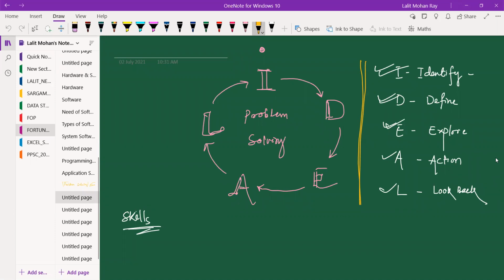All of you clear? Why do we read the question? Why do we read repeatedly? Why do we read carefully? Because we are analyzing the problem. If you read repeatedly, then you will be capable of analyzing. If you read carefully, then you will be eligible for analyzing this problem.